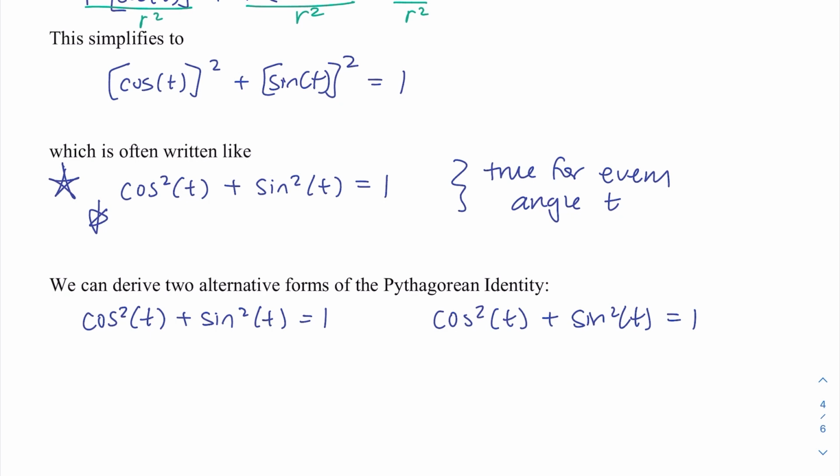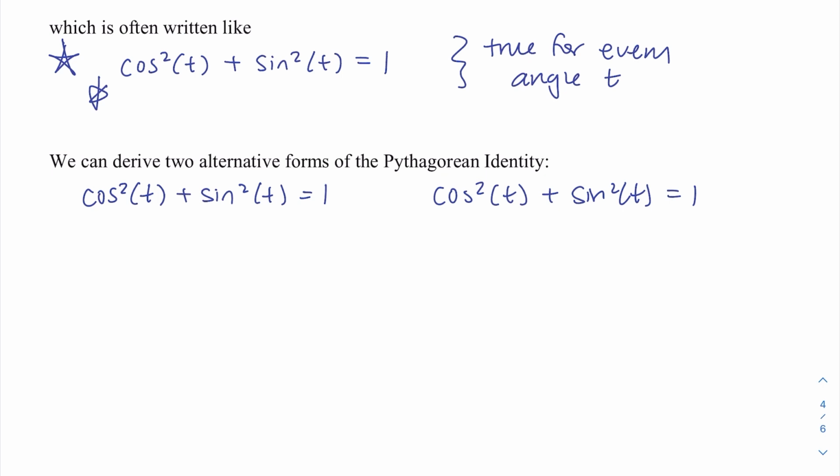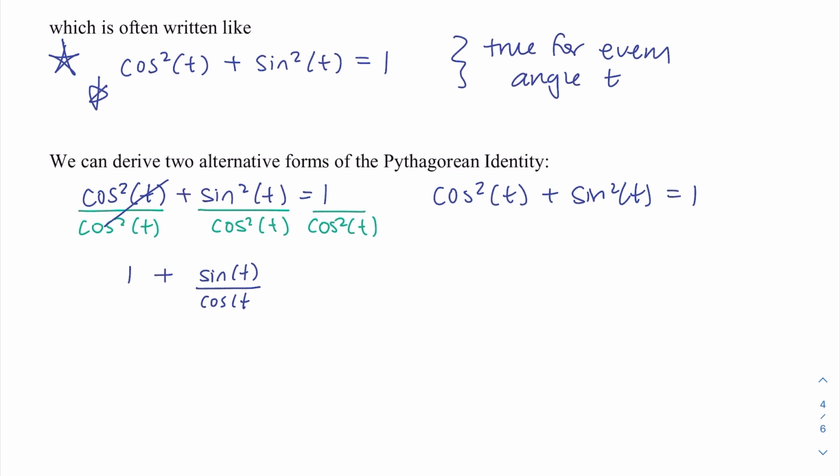Okay, so what I'm going to do is write this twice. So I have cosine squared t plus sine squared t equals 1, and then I've written it again next to it. I'm going to take the first one and divide both sides, which means every term, by cosine squared t, and see what I get. The first term becomes 1, sine squared t over cosine squared t is really sine of t over cosine of t all squared, equals 1 over cosine of t all squared.